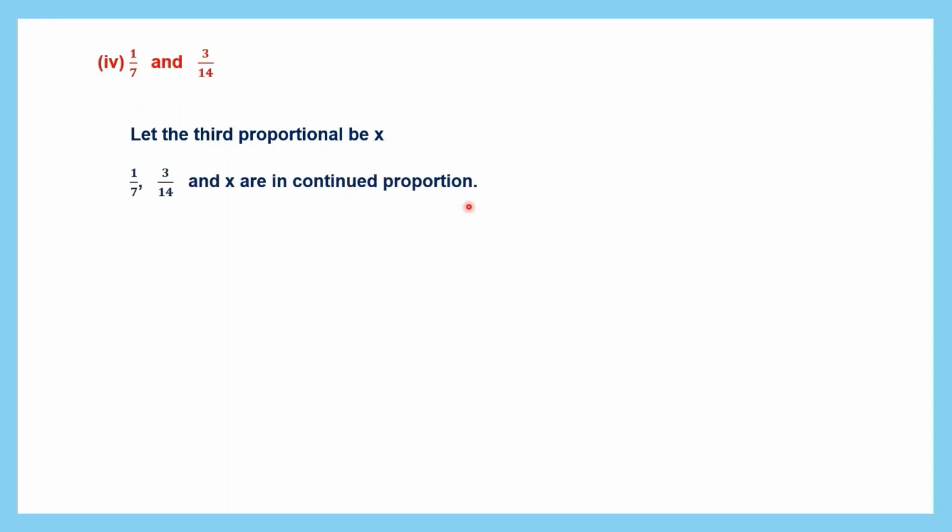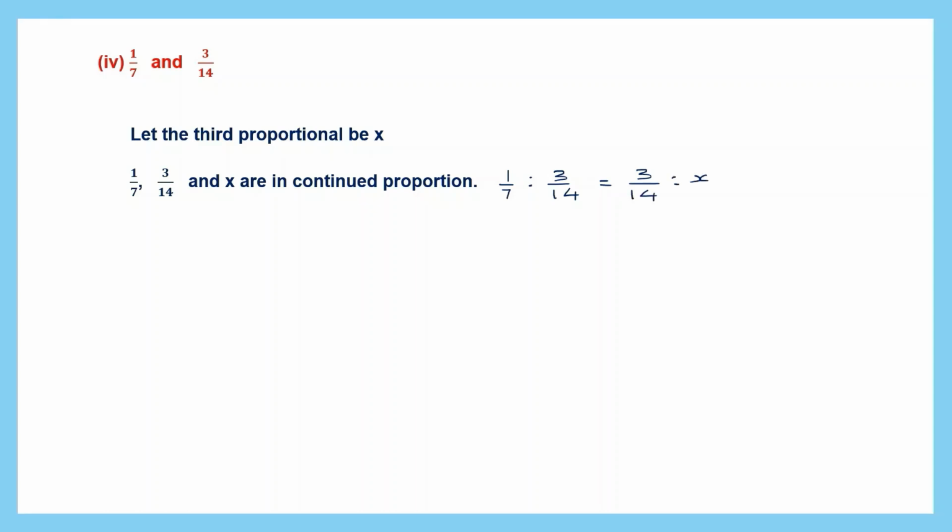Question 4. Here we have the first quantity and the second quantity. So let the third proportional be x. So we say that the first quantity, the second quantity and the third quantity are in continued proportion. So that means the ratio formed by the first quantity and the second quantity, that is 1 by 7 is to 3 by 14, will be equal to the ratio formed by the second quantity and the third quantity.